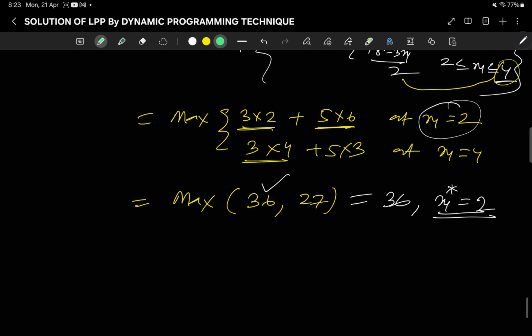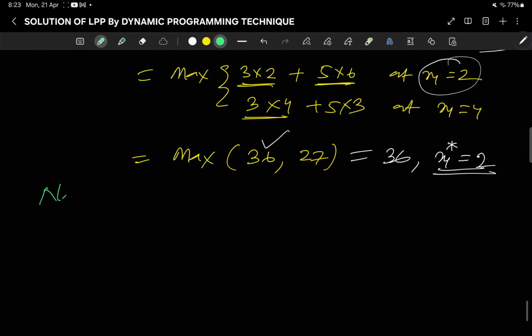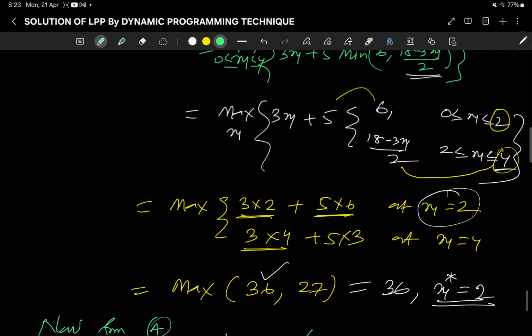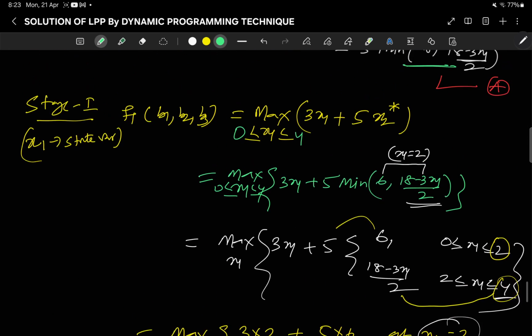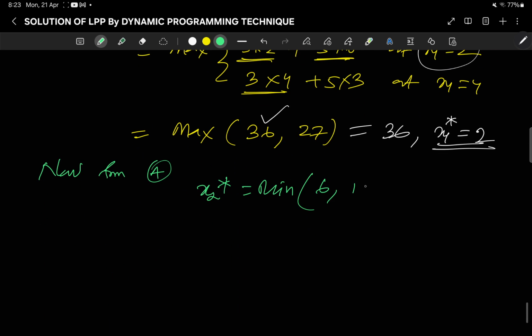Now we consider equation A to find x2. From equation A, x2 star is equal to the minimization of 6 and 18 minus 3x1 by 2, where this x1 is x1 star.